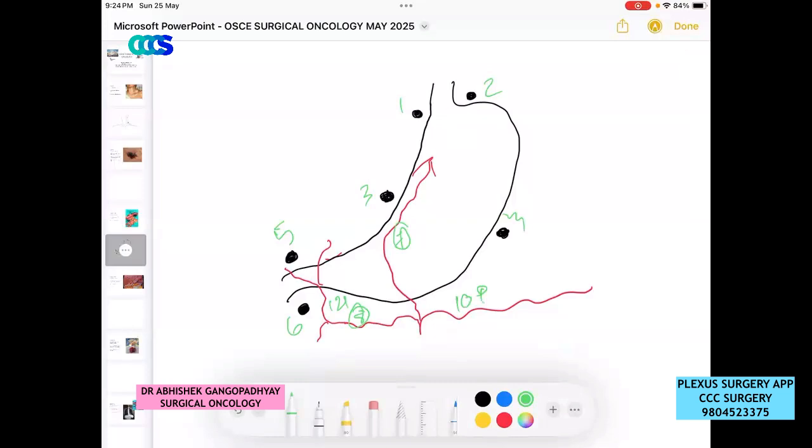Sometimes we have to remove level 14 also. So these are the extra nodes other than perigastric which you remove depending on the location of the tumor. Sometimes if the tumor is located proximally, the stations removed in D2 are different from a lesion located distally. But D2 is clearance of second echelon lymph nodes along with the perigastric lymph nodes, so that we have better staging of this cancer.